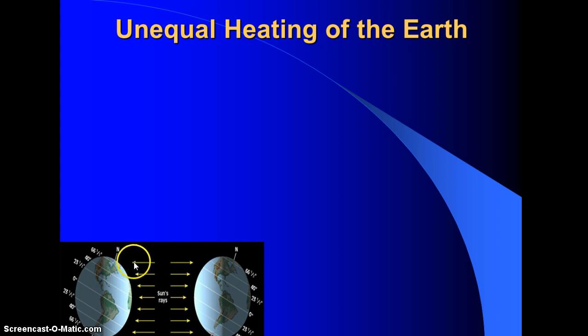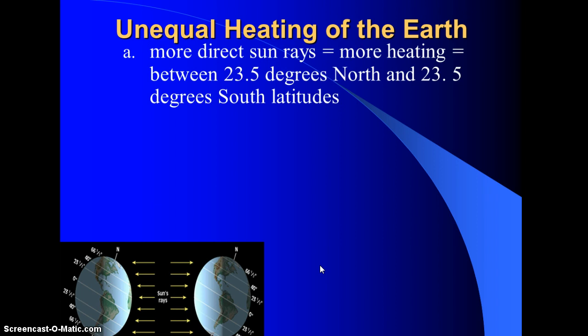Maybe if I extend this line to hit that pole, much smaller angle, and so therefore the heat delivery doesn't deliver heat the same way at the poles as it does at the equator because of that angle. So we have more heat delivered at our equator region, no matter what season it is, and less heat being delivered at the polar regions, and this is the same for the South Pole as well. So it's unequal. More direct rays equals more heating.